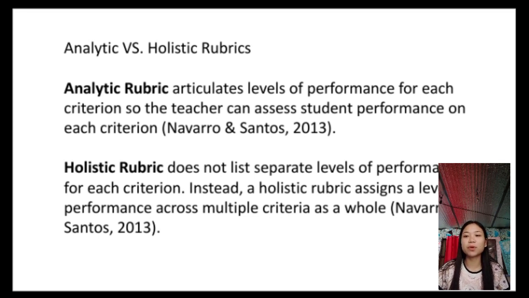They provide a broader assessment of student work and are often used when evaluating tasks that require creativity, critical thinking, or subjective judgment. Overall, analytic rubrics offer a detailed assessment of student performance by breaking down criteria into specific components, while holistic rubrics provide a broader evaluation of overall performance across multiple criteria.